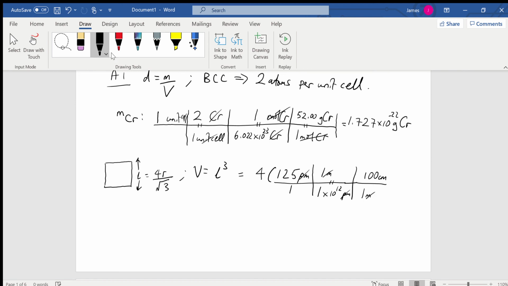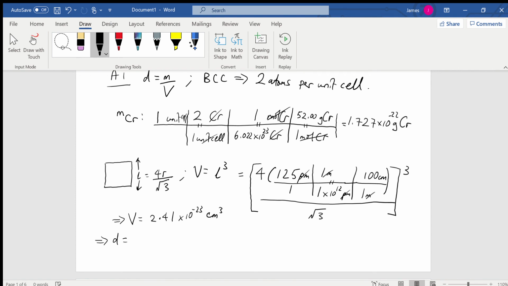So I can cancel meter here. Okay. So that's 4 times the radius, where the radius is in centimeter, divided by root 3, which is just a number that you can hit on your calculator. But now I've got to cube the whole thing, because that without the cube is just L, but I need L cubed. So this should give me a volume of 2.41 by 10 to the negative 23 centimeter cubed.